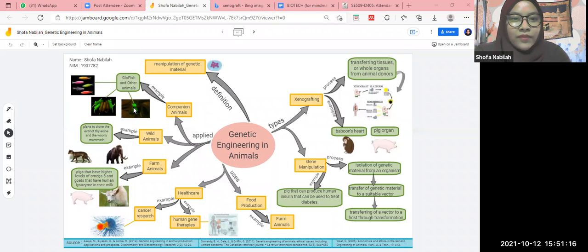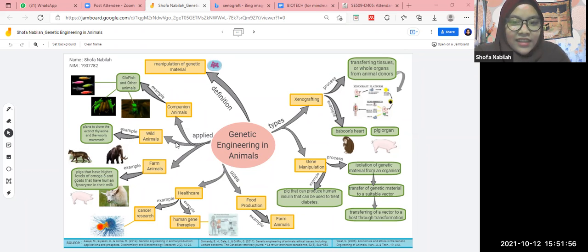Because scientists injected genes from anemones and jellyfish. The code that makes the animals glow comes from fluorescent proteins taken from jellyfish.